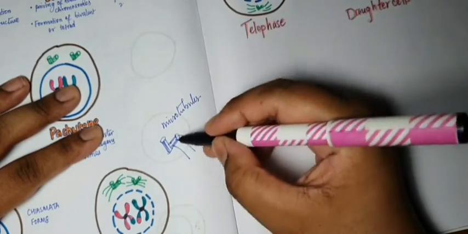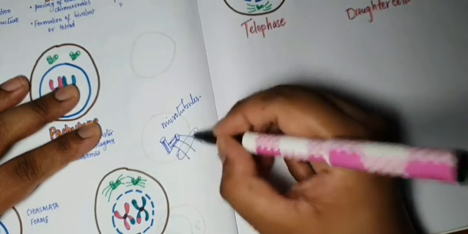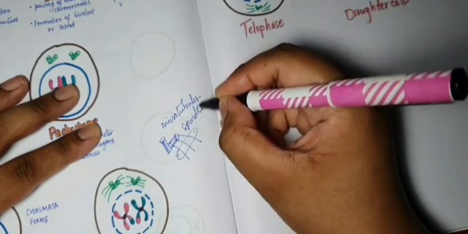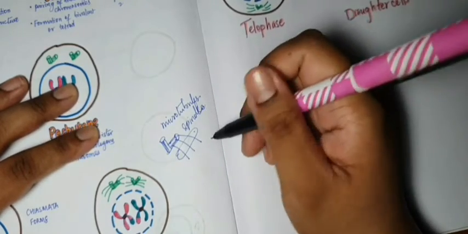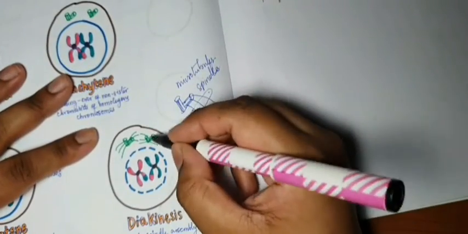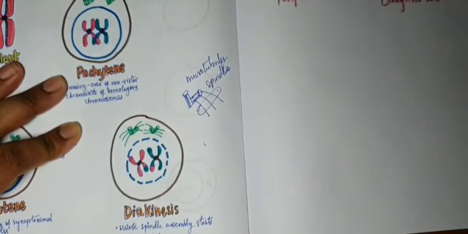These microtubules are also made of proteins. Now, when there are a lot of microtubules, a cluster of microtubules, it's called a spindle. And this spindle is present in both mitosis and meiosis. And since this is meiosis, it's called the meiotic spindle. So basically, it's a lot of microtubules coming out of the centrosomes. That is the meiotic spindle.